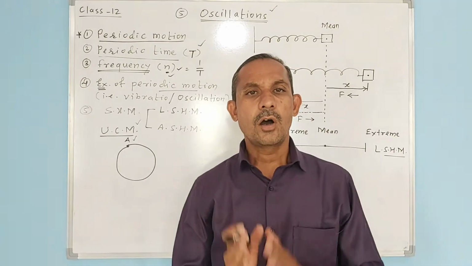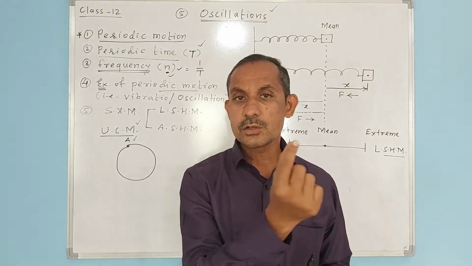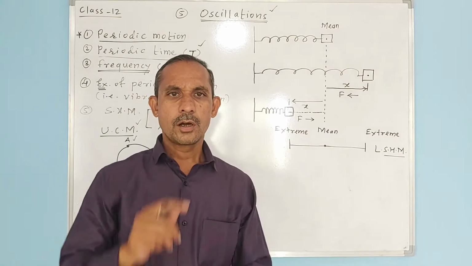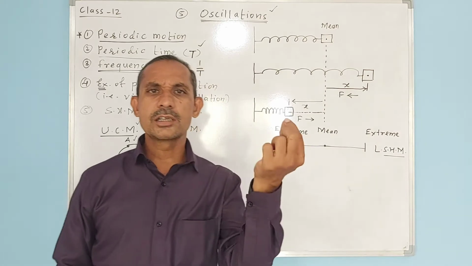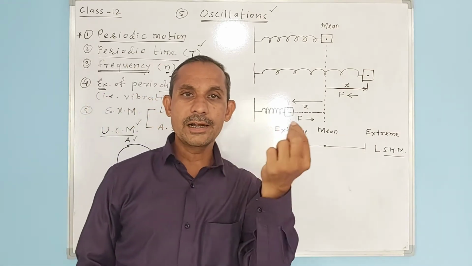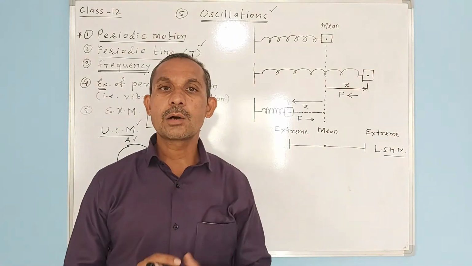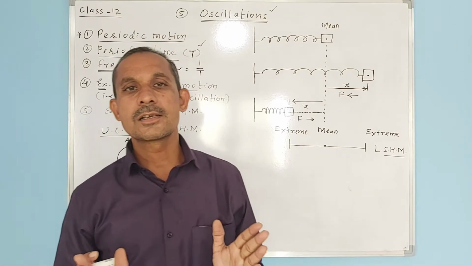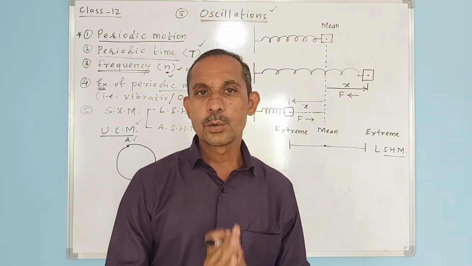Because we know oscillation is a to and fro motion of the body, or up and down motion of the body. Such types of motion in nature are known as vibratory motion or oscillatory motion.